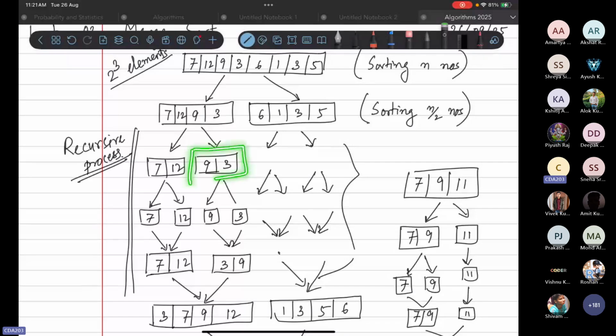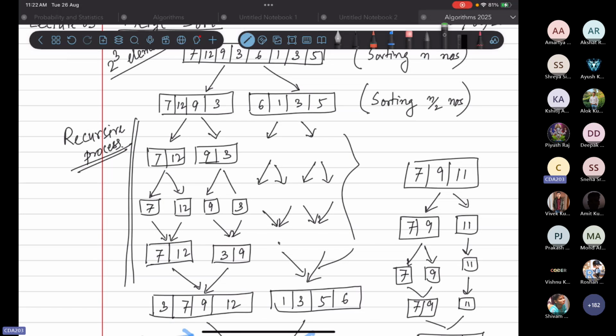And in this step, what are the indices of the subarray? This is 0, this is 1, so this subarray is from 0 to 1. This subarray is from 2 to 3, whereas this subarray will be 4 to 5. This one will be 6 to 7. Right?